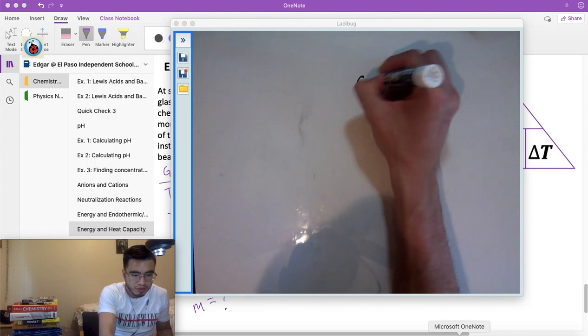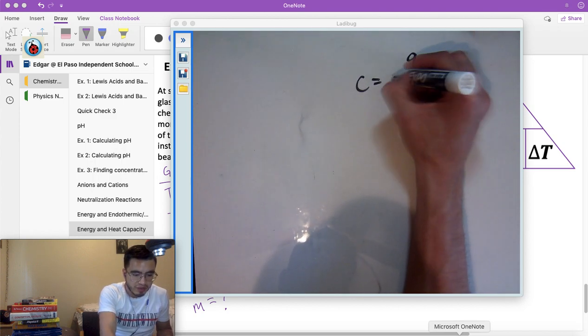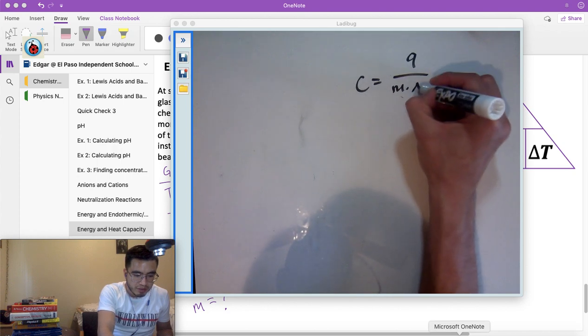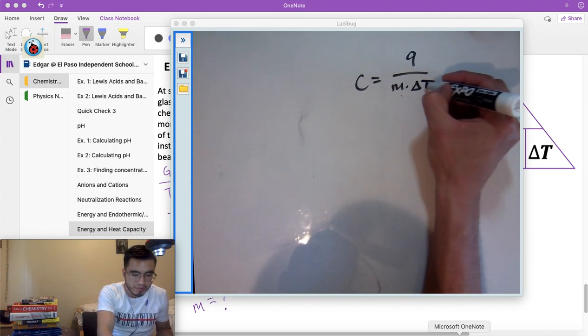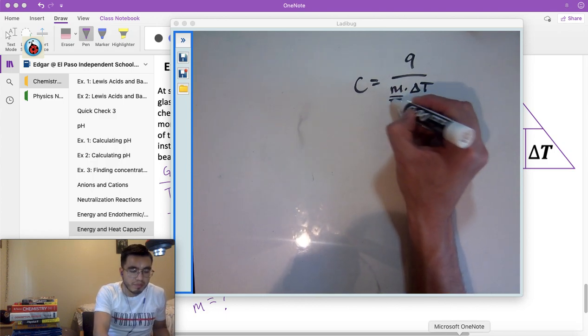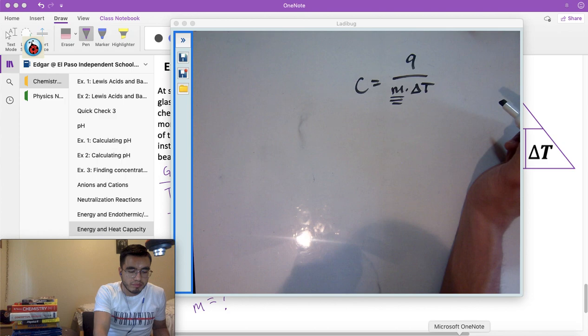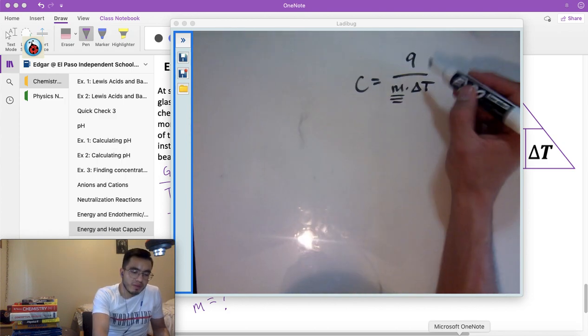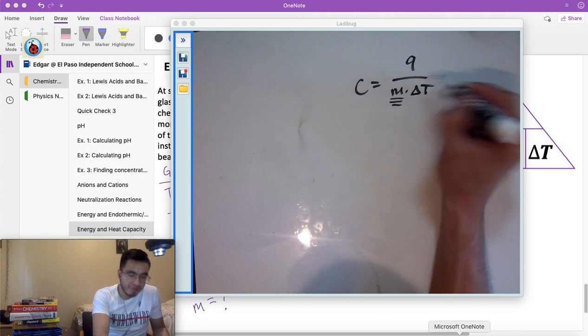C equals Q divided by M times delta T. We want M. We want it to be by itself. So this line represents a division.